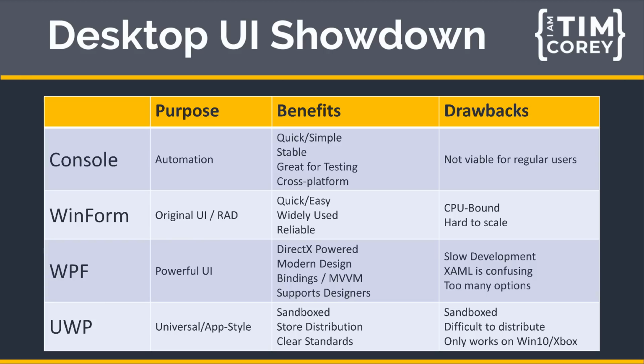For example, if you want to do automation, there is none better than the console application. WinForm applications and WPF applications, you can do automation with them. It's just not going to be as powerful. Console applications, I'd say 99% of the time, are going to be the way to go.